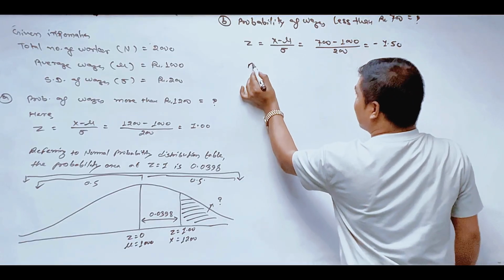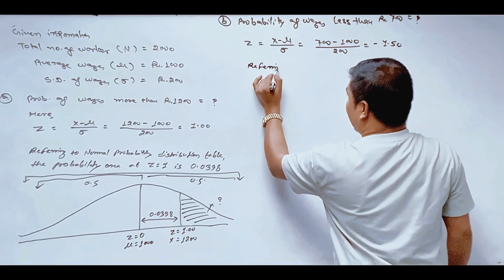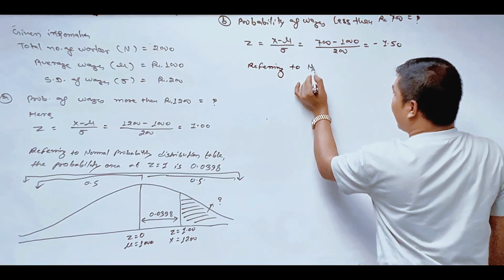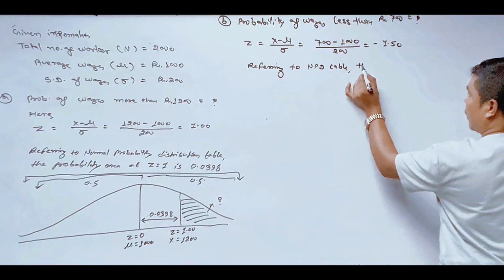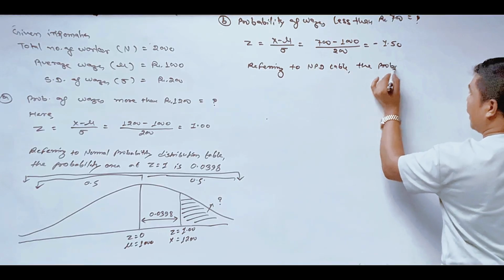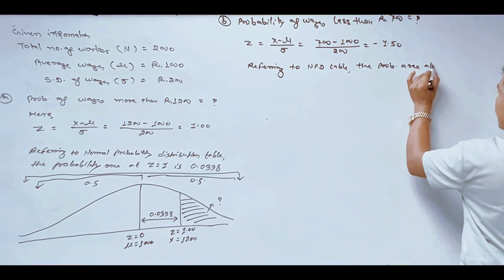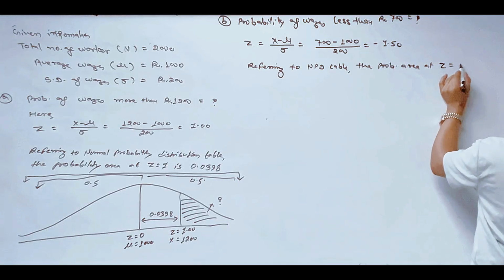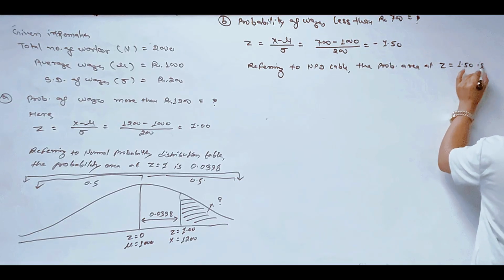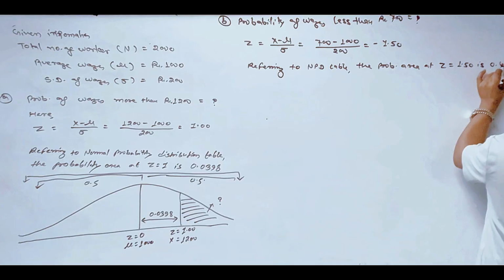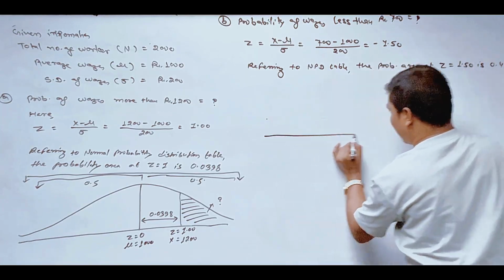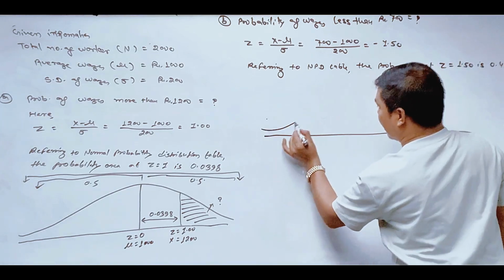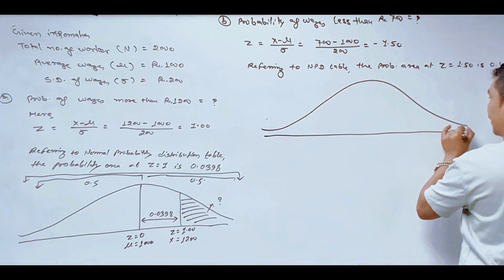Then, referring to the normal probability distribution table, the probability area at Z equals 1.50 is 0.4332. Then we plot the normal curve to locate the value of the Z score and find the probability area.